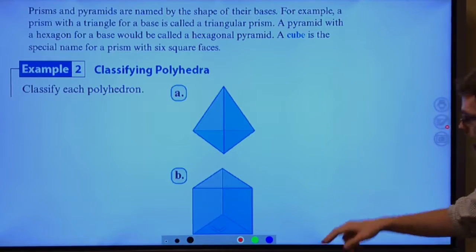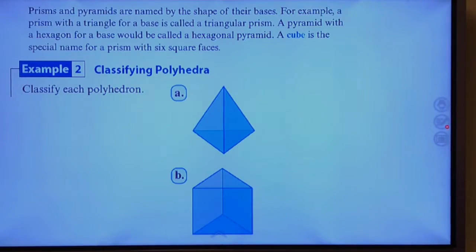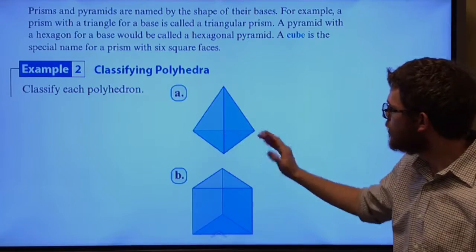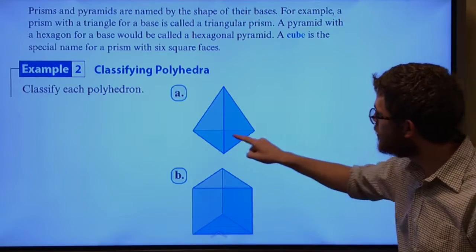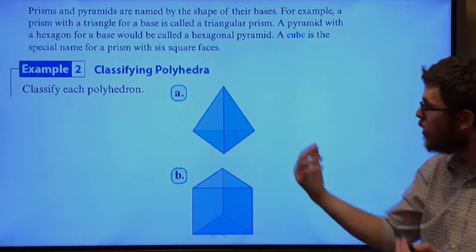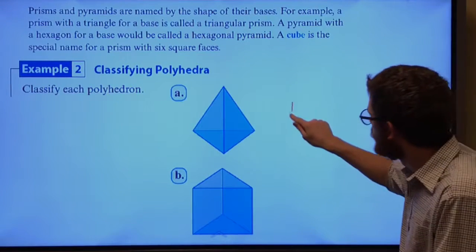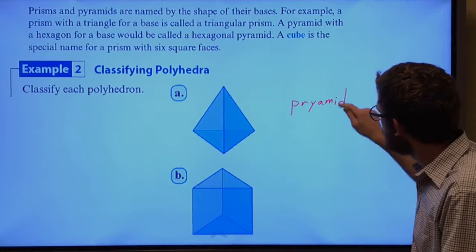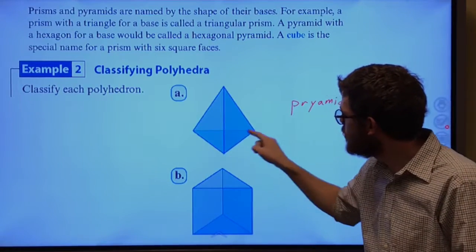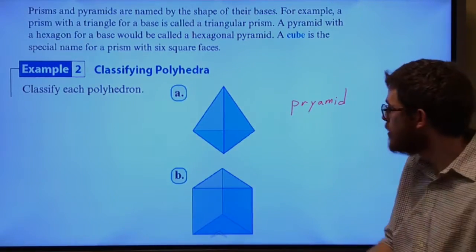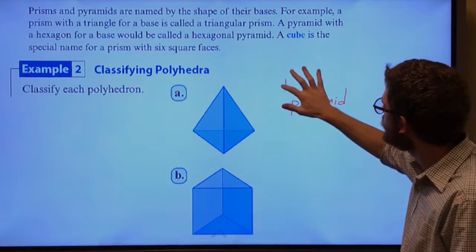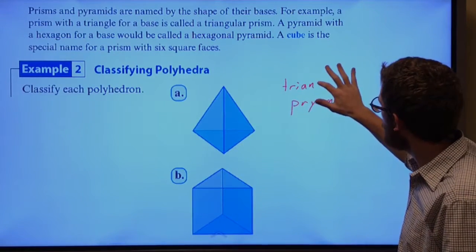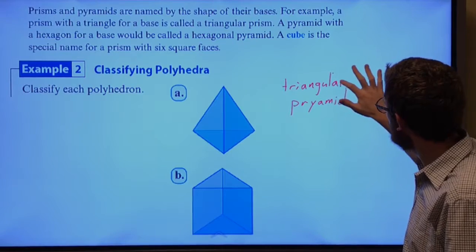So let's classify these. Right here we can see that there is a base with triangular faces. This is a pyramid, but the type of pyramid is determined by what the base is. The base of this pyramid is a triangle, so this is a triangular pyramid.